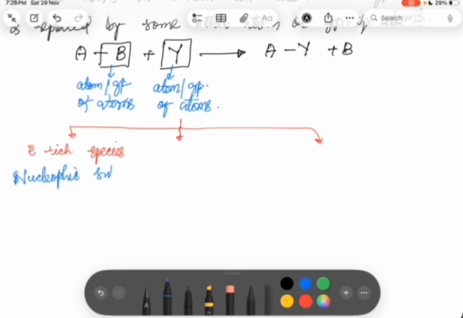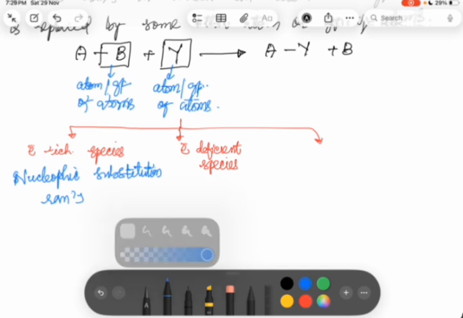And if this Y happens to be an electron deficient species, then this reaction is termed as electrophilic substitution reaction.